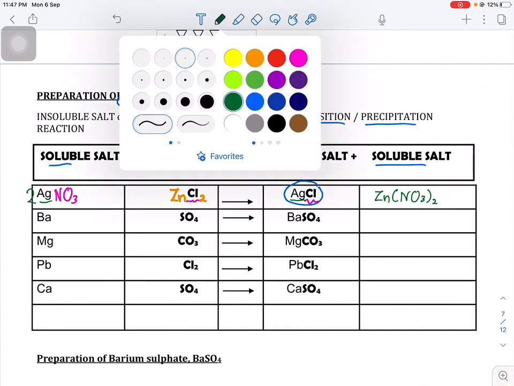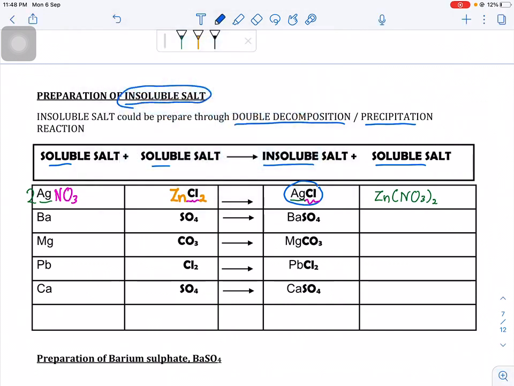Okay, moving on to the second example, I have barium sulfate as my insoluble salt. To prepare barium sulfate, I kena ada barium ion and also sulfate ion. So you need to suggest barium apa yang soluble. Okay, kalau you nak senang, soluble salt yang semua soluble adalah nitrate salt. So kalau you pilih barium nitrate, confirm it's going to be correct, sebab all nitrate salts are soluble salts.